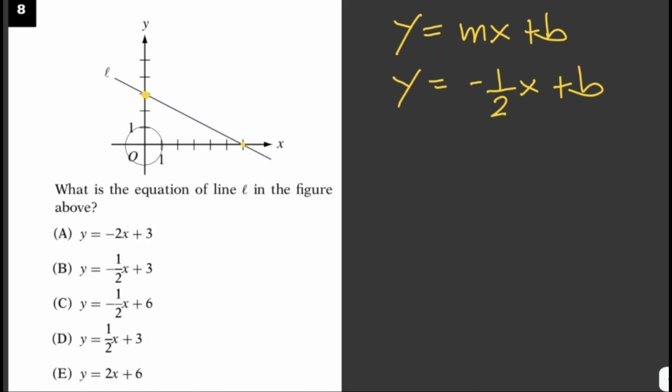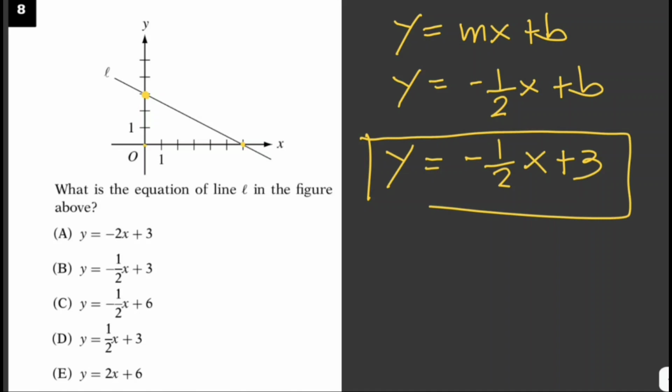When x is 0, the value of y is 3. Therefore, our y-intercept is (0, 3). So this would be y equals negative 1/2 x plus 3. This is the equation of the line, and the answer is letter B.